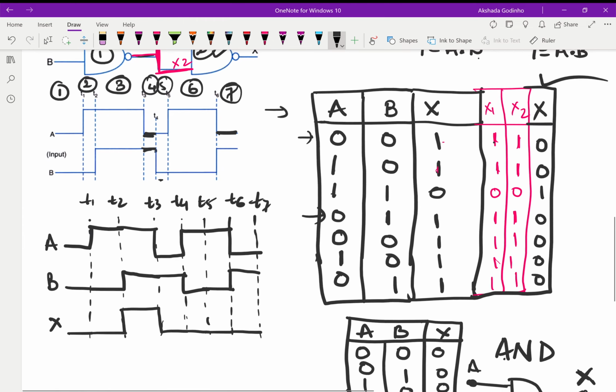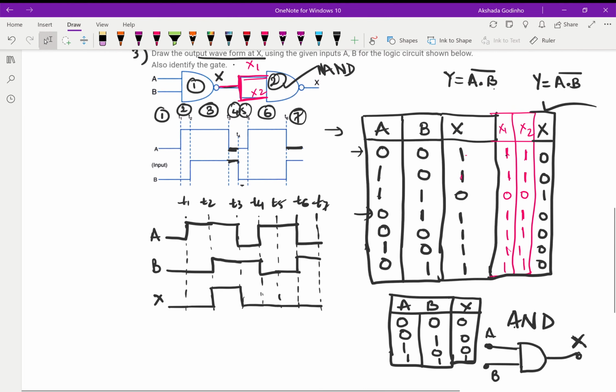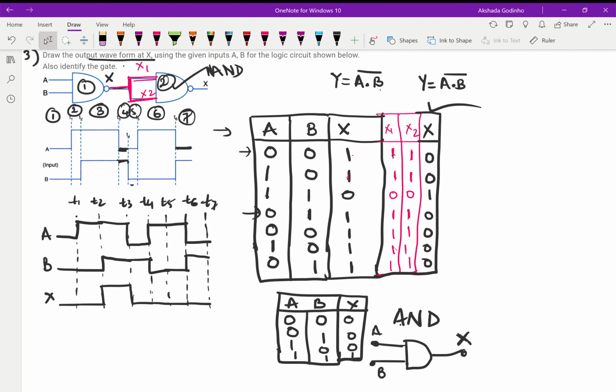That's it. So this is going to be your way of solving. Our final gate is going to be an AND gate because we found the values.